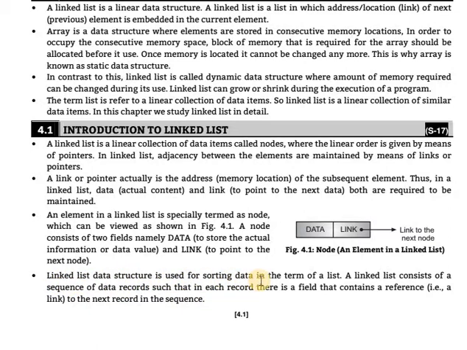When storing data in the form of a list, a sequence of data records. Reference means link, meaning the next record's address is stored in the previous record.